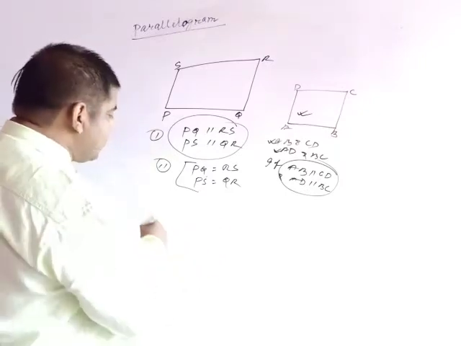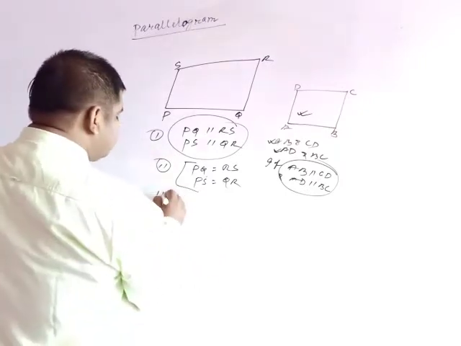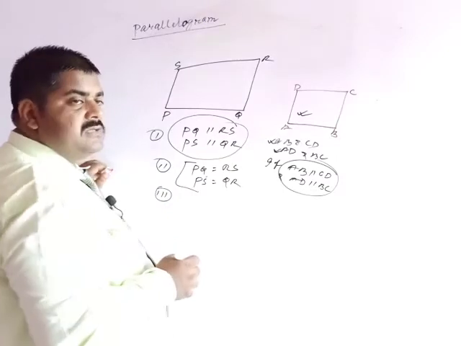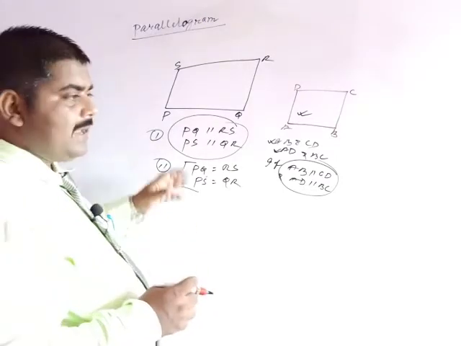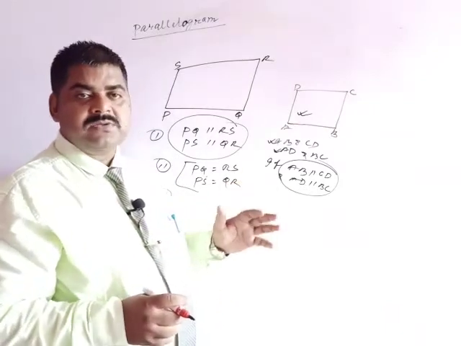The third characteristic that you have to memorize is about opposite angles. You know very well that non-adjacent angles are known as opposite angles.